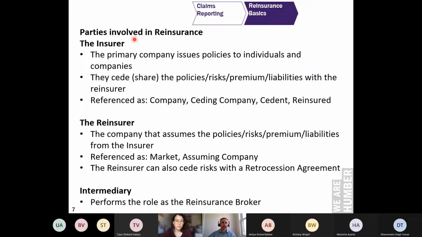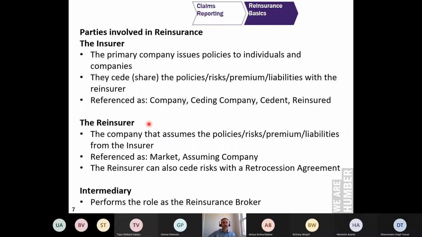Separately, the insurer has an agreement with the reinsurer, and if there's premiums to be paid and claims to be recovered, that's a separate contract between the reinsurer paying the insurer. So the reinsurer does not have a relationship with the actual policyholder or the claimant. And we'll get into the different types of contracts that the insurer could have with the reinsurer.